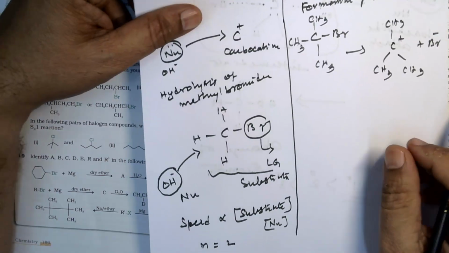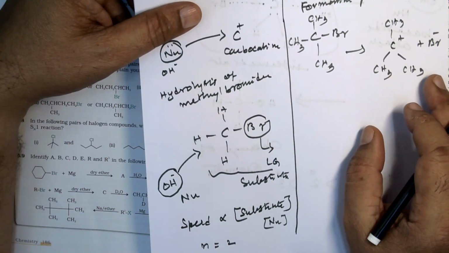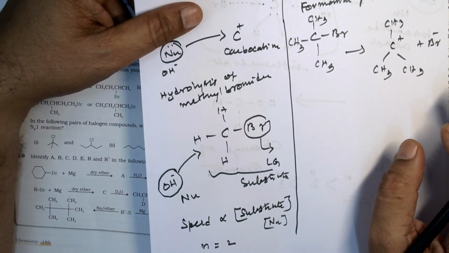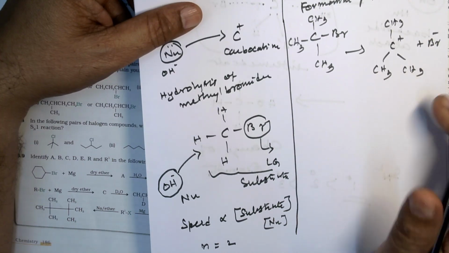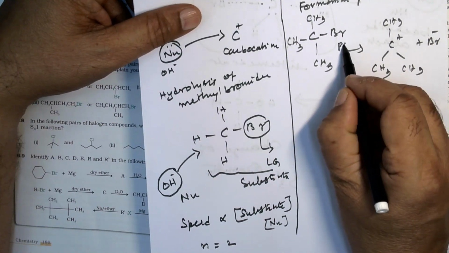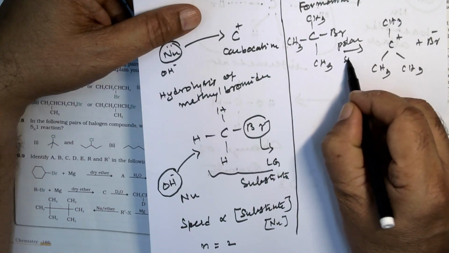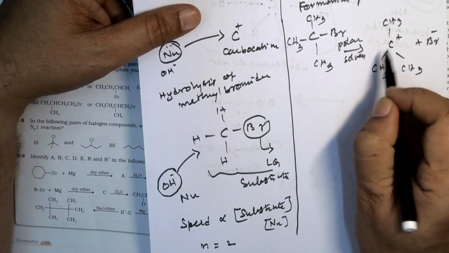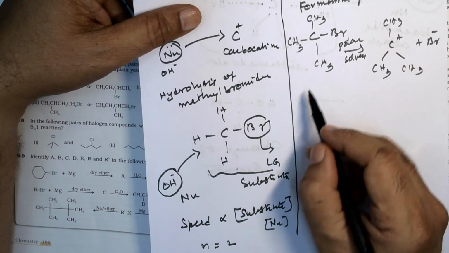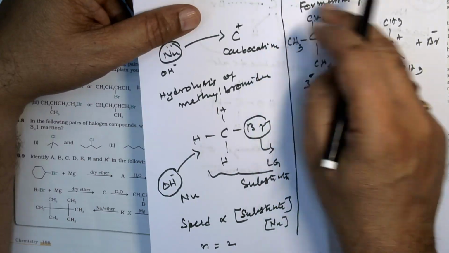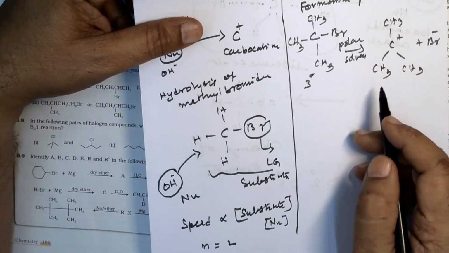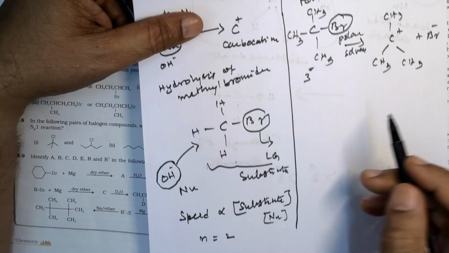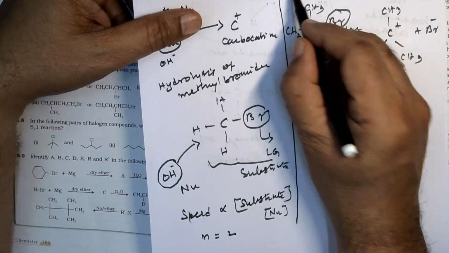So first ionization takes place. You know very well for ionization which solvent is increasing? Polar solvent influences. So polar solvent like water encourages the ionization, and that too with the tertiary because it's already bulky, so they have the tendency to remove the Br. Okay, so this is the stage one, first step.